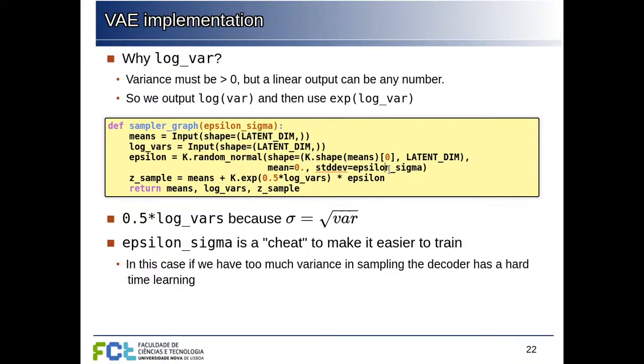But if we use a very large standard deviation here, we'll be adding a lot of noise to the input of the decoder, and this will really make training harder. So I cheat a bit and reduce this to a small value like 0.1 for the standard deviation, so that we have a bit of noise in this step.